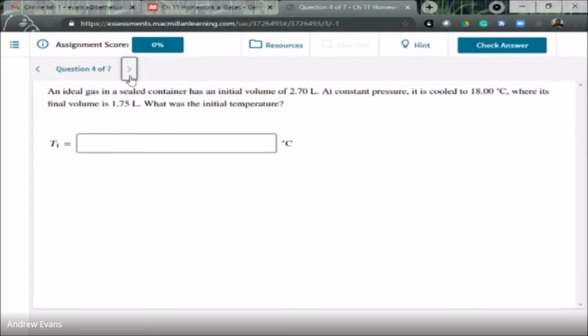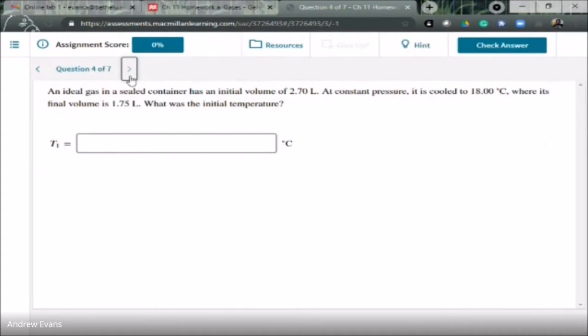So V1 is 2.70. At a constant pressure, it is cooled to 18 degrees C, whereas the final volume is 1.75. What is its initial temperature?